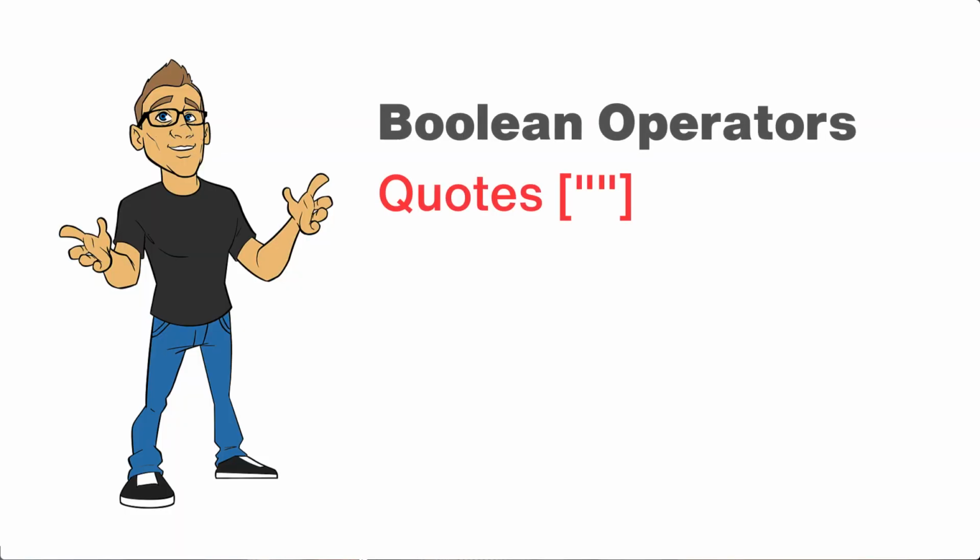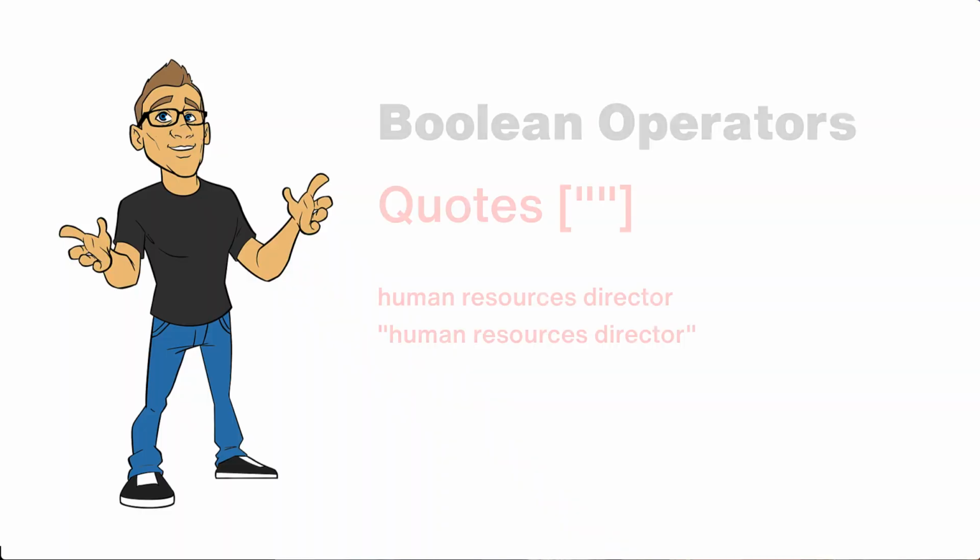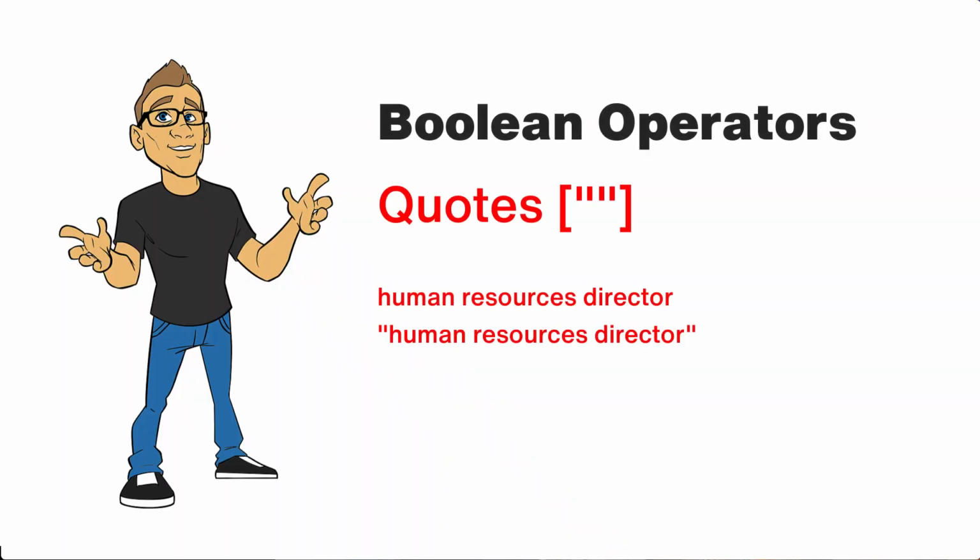We're going to start our exploration of Boolean searches with the quotation marks. The quotation marks are super easy to understand. When you use quote marks in a search, you're telling the search engine that this is exactly what you're looking for. So if we were on LinkedIn searching for human resources director, and we just put human resources director into the search field, LinkedIn is going to search for the words human and resources and director.